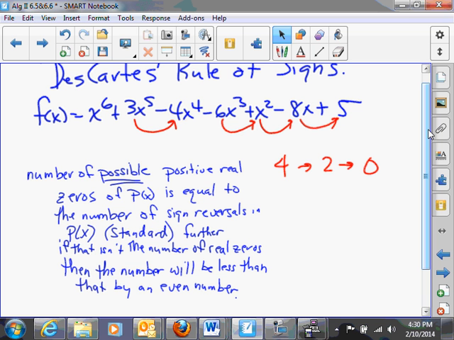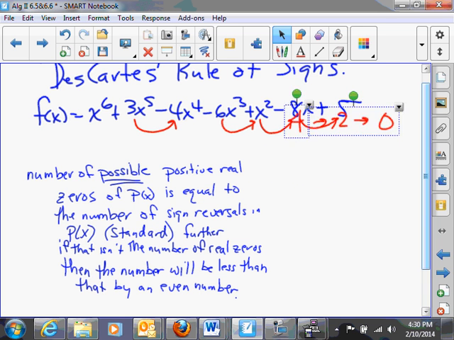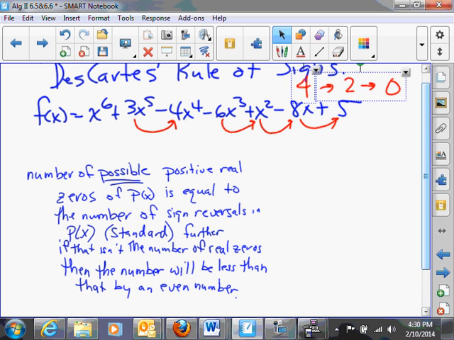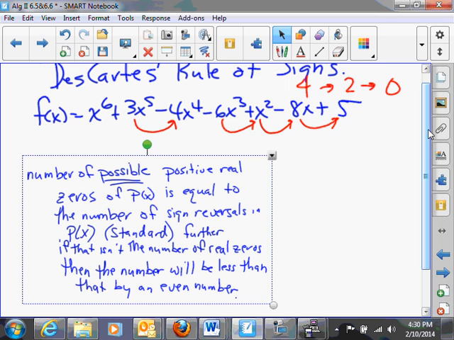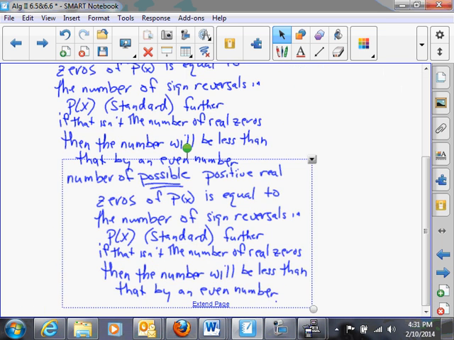Now, the bad news is we're only halfway finished with René Descartes' rule of signs. The other part is, it says also, I'm going to clone this, and let's put it down here.